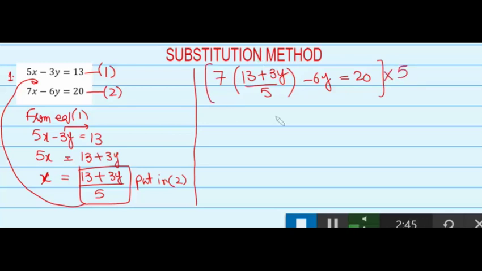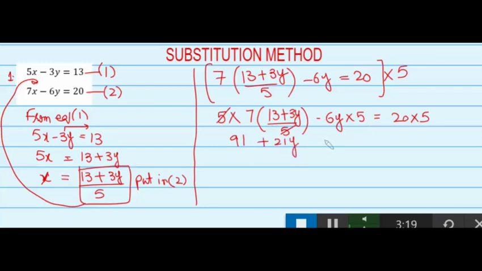This whole term will multiply by 5: 5 times 7 into (13 plus 3y) over 5, and similarly the second term minus 6y will multiply by 5 as well, so minus 6y times 5, and then 20 times 5. So 5 and 5 cancelled, so we are left with only 7 times (13 plus 3y), which will be 91 plus 21y, and minus 6y into 5 gives you minus 30y, right? And it is equal to 20 times 5, which is 100.